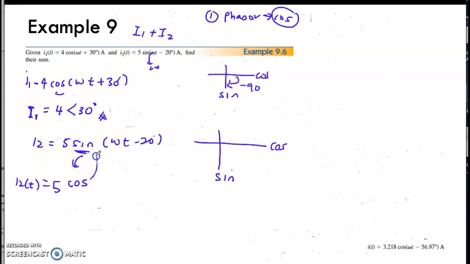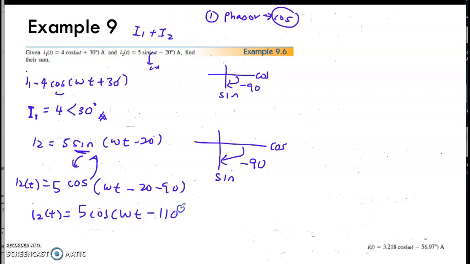Cos needs to go to the sine, so this is a counterclockwise minus 90. So you get omega t minus 20 minus 90. So your i2(t) here is actually 5 cos omega t minus 110. Once it's in cosine, you can change this to phasor. So I2 is equal to 5 angle minus 110.